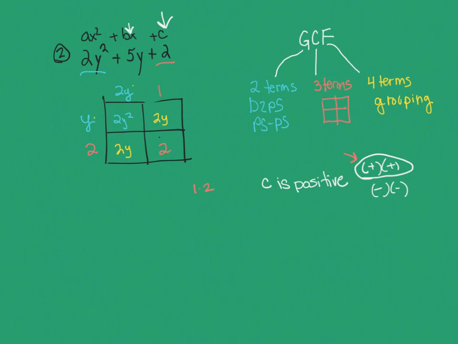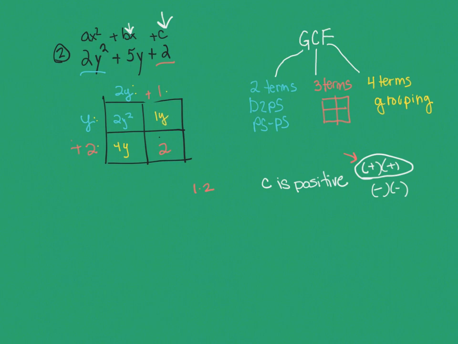Now I'll also need to erase this out because I'm going to try this again, trial and error, with this particular problem. They would still both be pluses, so let me see what happens this time. If I take a 2 times a 2y, that's 4y. And if I take a y times 1, that is 1y.